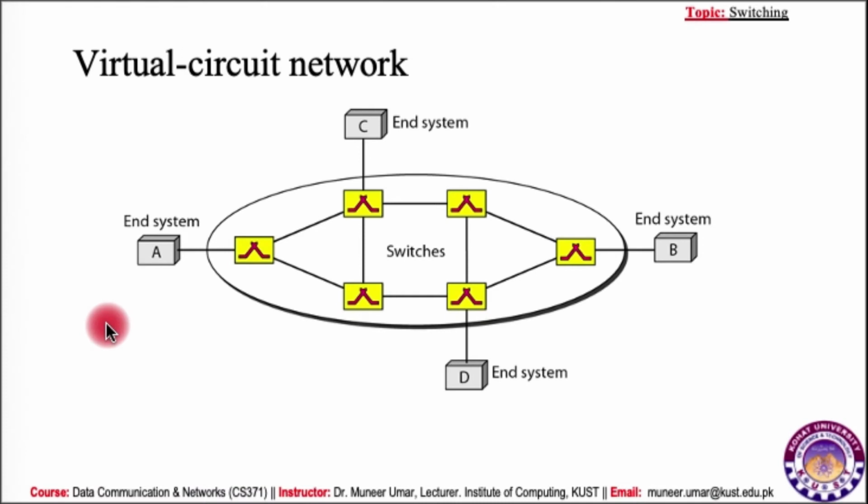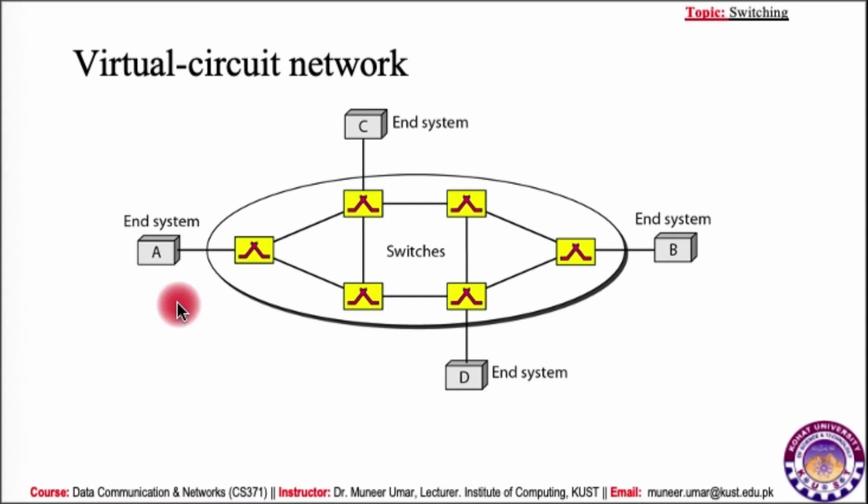In a circuit switched network, there are setup and tear down phases in addition to the data transfer phase. Resources can be allocated during the setup phase as in circuit switch networks or on demand as in datagram networks.